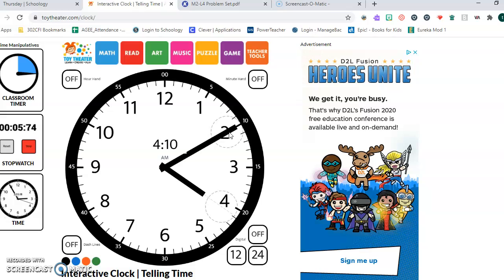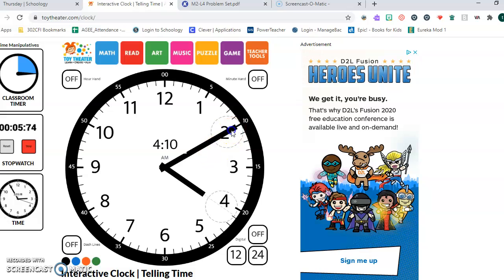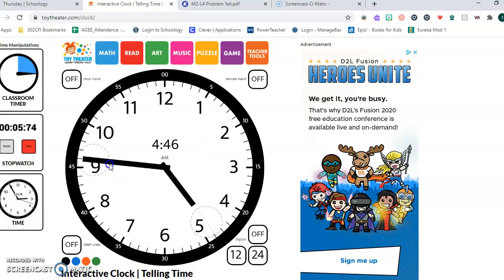Something doesn't seem right to me about that, because I've cranked out the numbers in my head: 47 minus 38 should take me to a 9. So I'm going to recheck my work just to make sure. I'm starting at 47. Okay, I think that's my mistake.